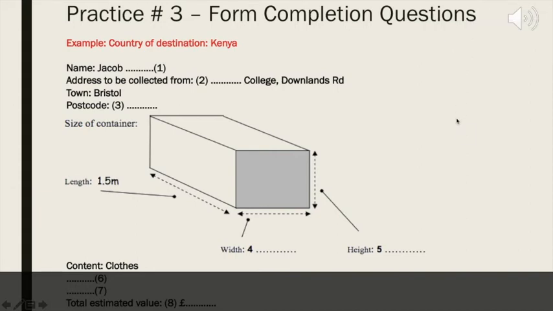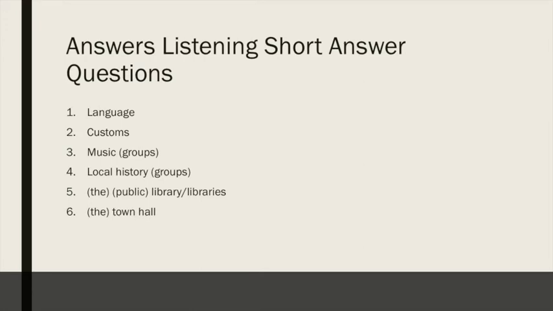Okay, so we're done, and I hope you did well. We'll give the answers later. So here are the answers for the short answer questions. And in case of questions 5 and 6, the order does not matter. So if you replace 5 and 6, that will not be an issue. You can check the answers.